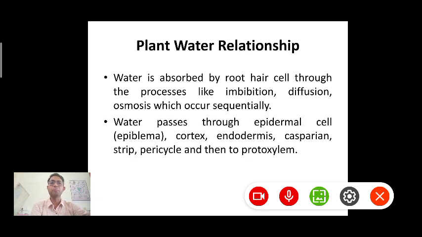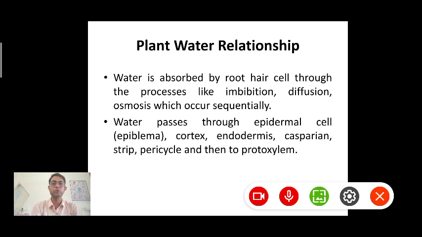Now water passes through the epidermal cell to the cortex region, endodermis, Casparian strips, pericycle, and then it will go on to the protoxylem, and from this xylem it will be transported to the different parts of the plants. So this is nothing but the overall absorption and transportation of the water by the plants. The water which plants utilize from the soil is known as capillary water.